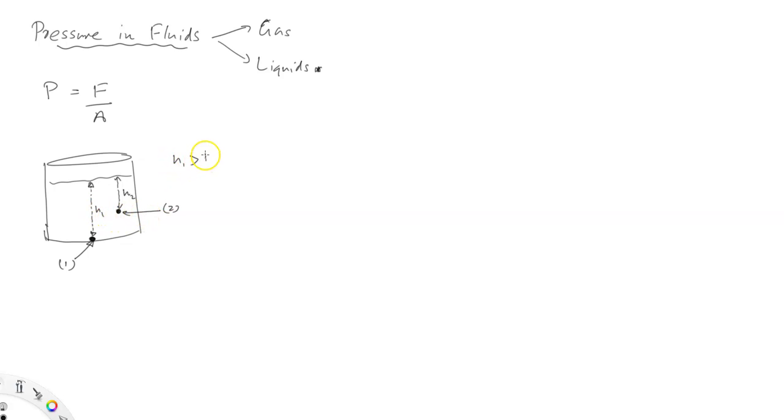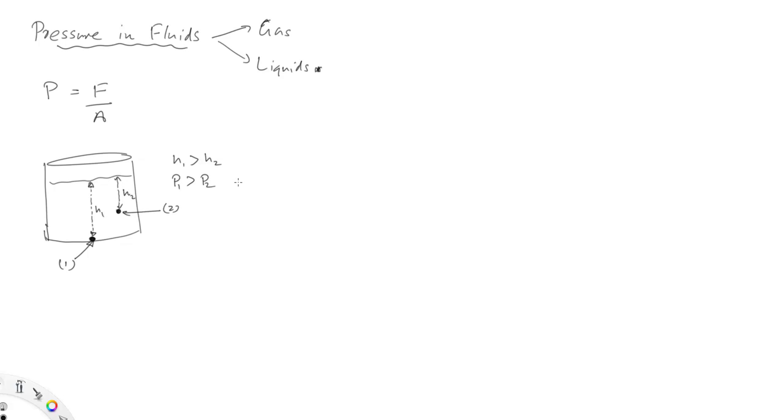Height 1 is bigger than height 2. The amount of liquid above point 2 is less than the amount of liquid above point 1. So the pressure follows the same manner, right? The pressure at point 1, P1, is bigger than P2. So the more liquid, the more fluid above a given point, the more pressure.